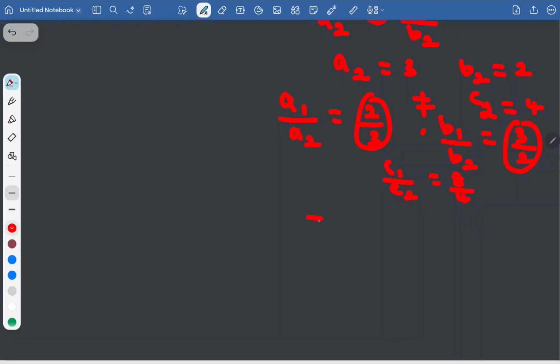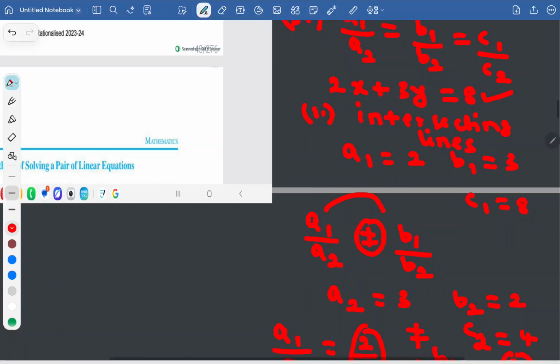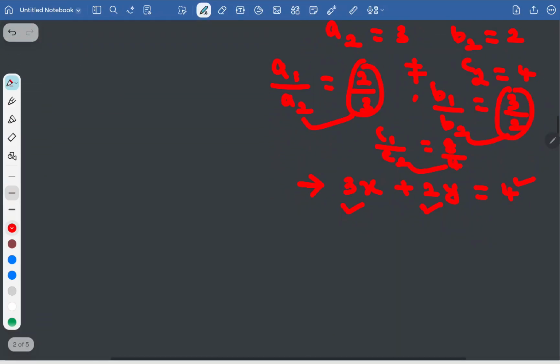Therefore, the construction of the second linear equation must be 3x plus 2y equal to 4, because C2 is 4, B2 is 2, A2 is 3. 2x plus 3y equal to 8 is the given equation.